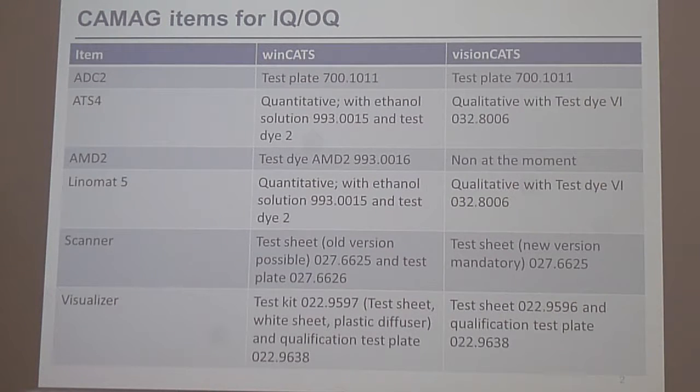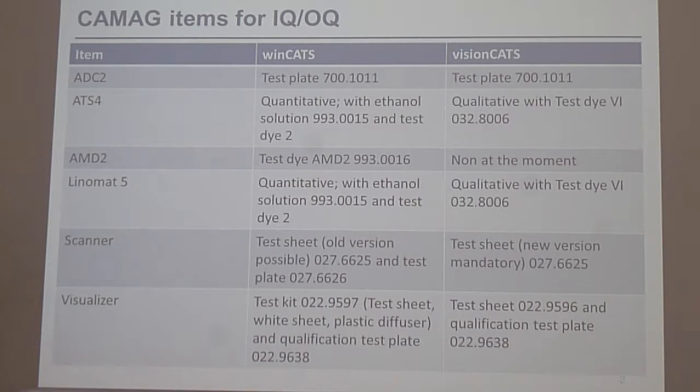So we check: is the instrument okay, is it working fine, is the application as it should be, just visible, so we just check, yes, it's okay or not. This will change in the near future. We will have a quantitative version as well, but we will keep both.